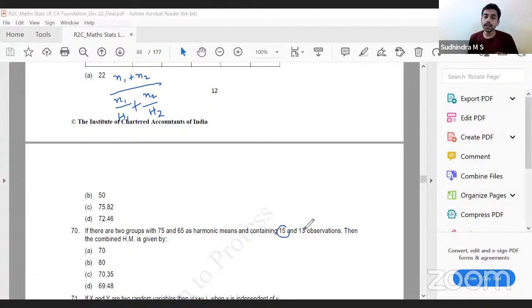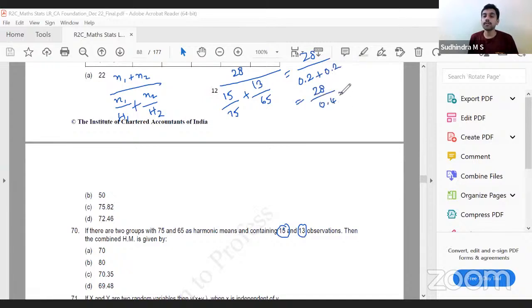N1 and N2 are 15 and 13. 15 plus 13 is 28 divided by 15 by 75 plus 13 by 65. 15 by 75 is 0.2. 13 by 65 is also 0.2. 28 by 0.4, which is 70.